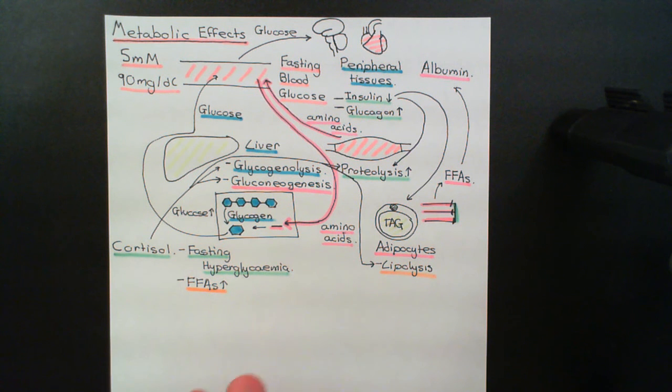Okay, so those are the effects of cortisol then on metabolism. You're going to basically increase the amount of nutrients that are available for the peripheral tissues. You're going to raise blood glucose concentration, raise blood amino acid concentration, and raise free fatty acid concentration. You're going to make available more nutrients within the bloodstream, and we will see why that is.